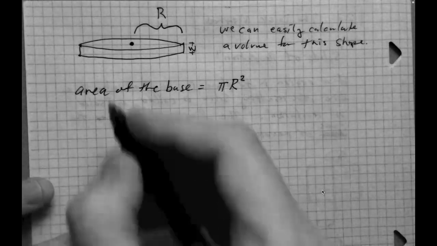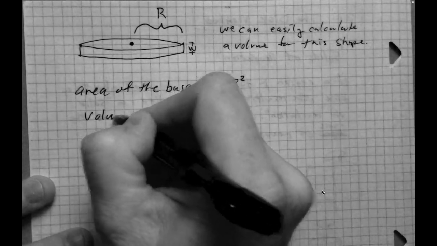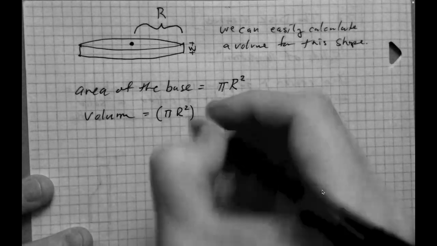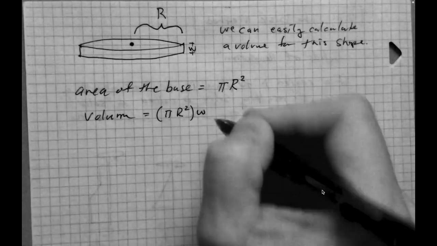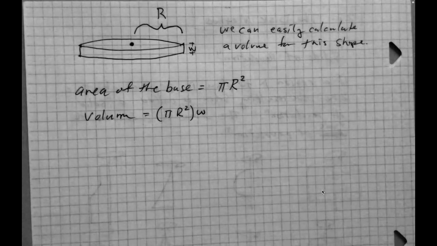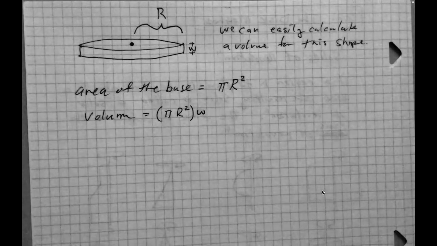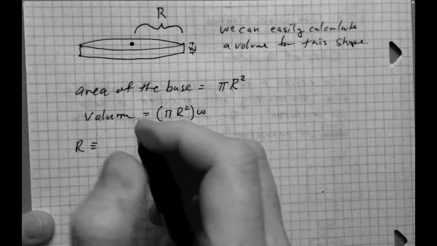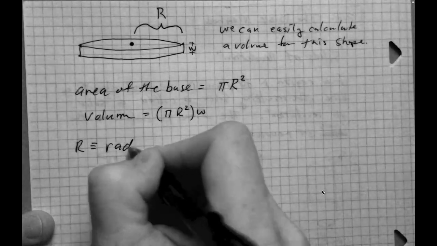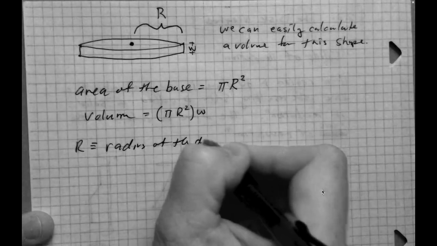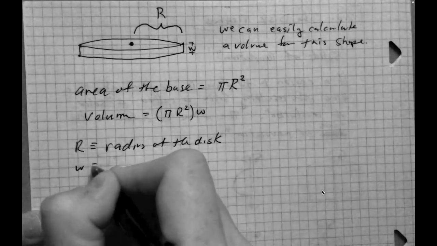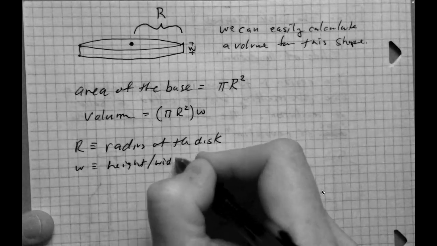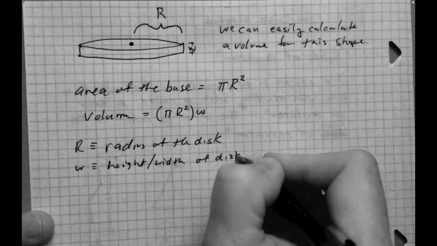So then the volume would be equal to pi times the radius squared, the area of the base, times the height, which in this case is W. Okay. Right, so important to remember here that R is the radius of the disc, and W is the height of the disc, or width, however you want to think about it.